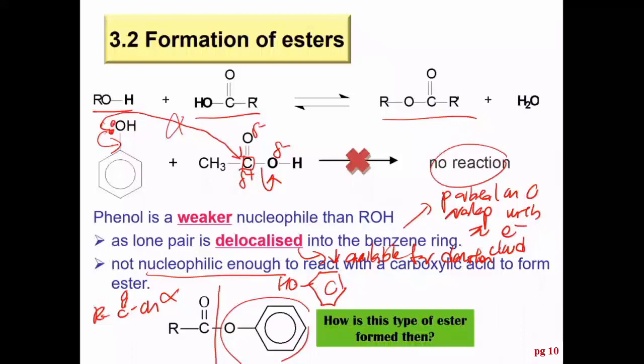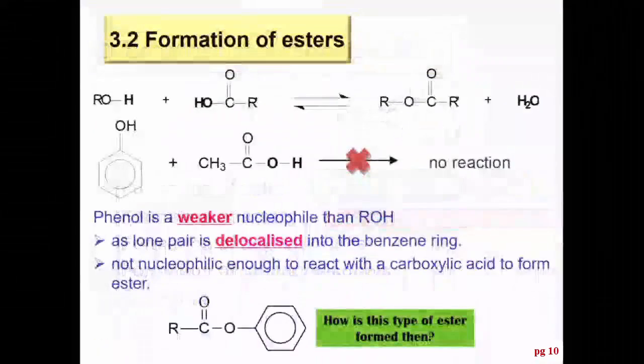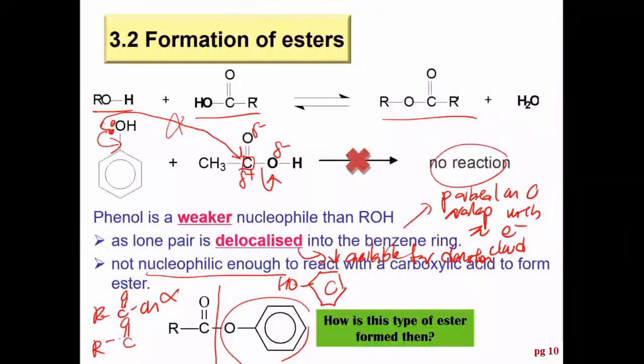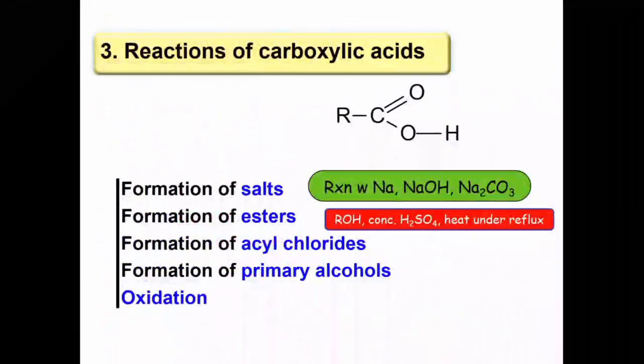So instead of using a carboxylic acid, I need to use something that's more reactive, which is the acyl chloride. So I cannot use carboxylic acid. Instead, I need to change the OH to the Cl here, which is more reactive. Then the reaction can take place.